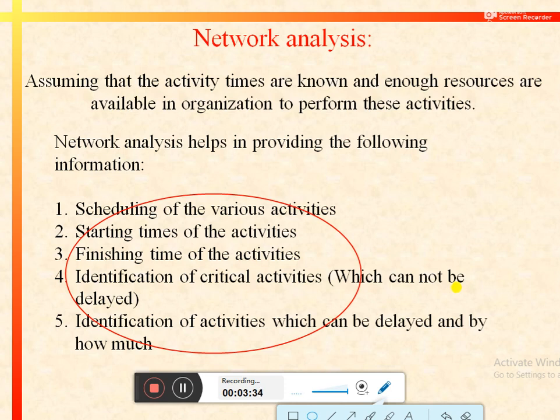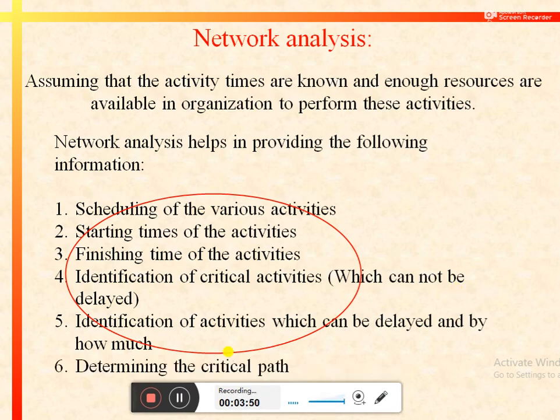And further, we can also determine by how much time a particular activity can be delayed without affecting the total time or duration of the project. Based on this information, in the end, we can determine the critical path of the network. We will discuss the critical path in the following slides.